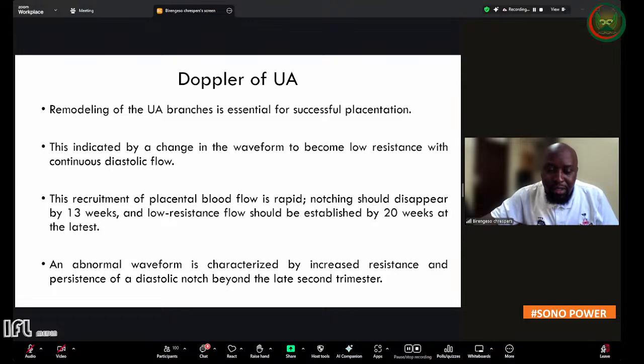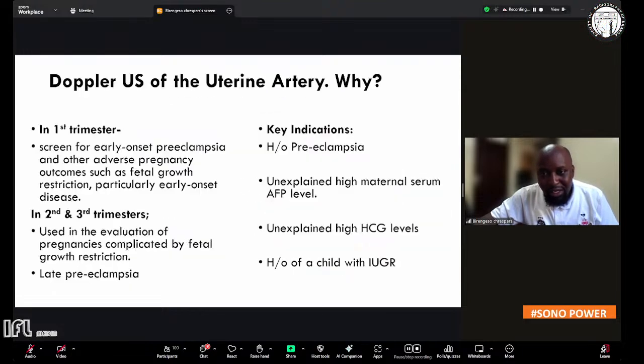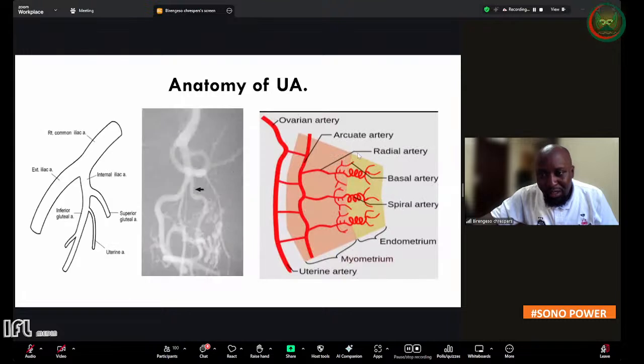During normal pregnancies, cytotrophoblastic cells will migrate outside of the evolving placenta, assuming the placenta is being made here. And then where do they go? They migrate to the decidua around the uterus and then into the myometrium. So this cytotrophoblastic invasion results in the remodeling of the spiral arteries.